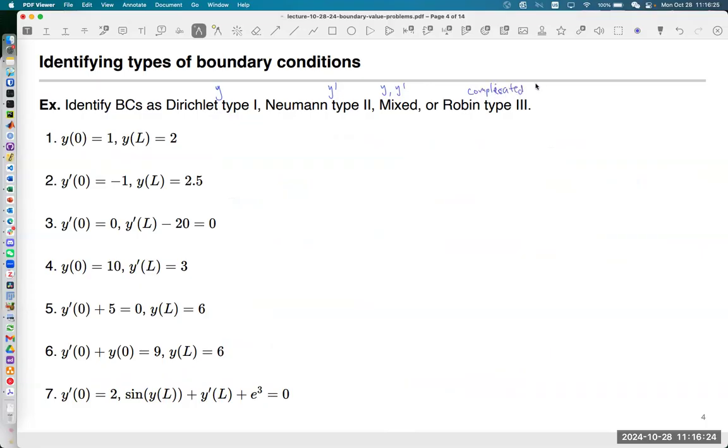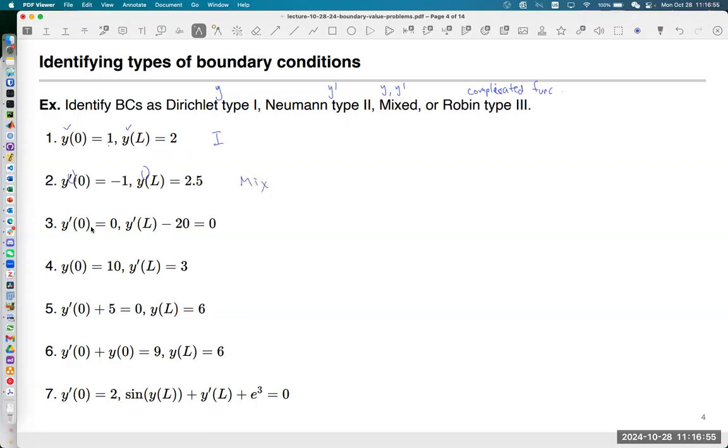Okay, so for the first one, these are all equal to constant, so it's not type 3, not complicated functions. And we have the original function, so this is a type 1 boundary condition. For the second one, these are all equal to constant, so not type 3. This is a first derivative and then original function, so it's a mixed match, so this is mixed.